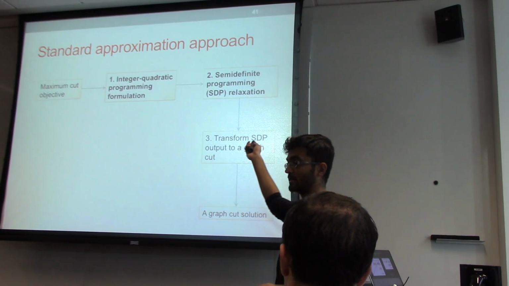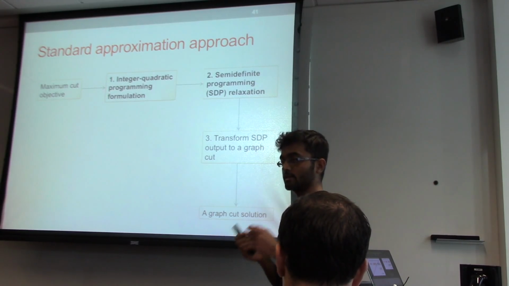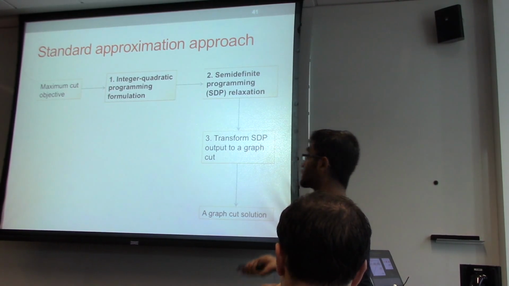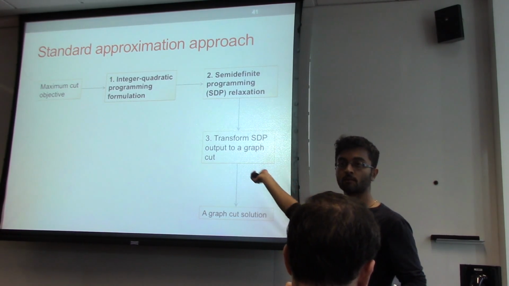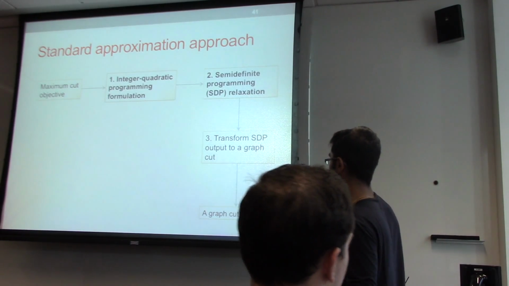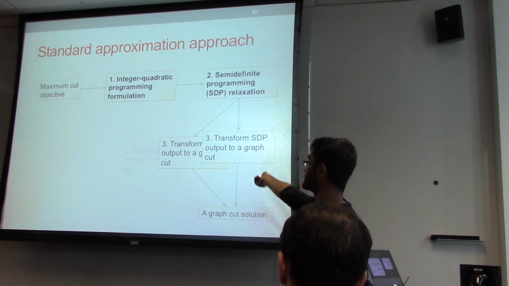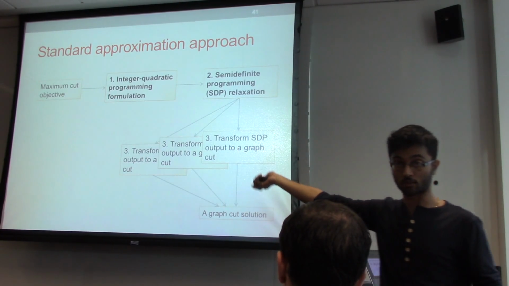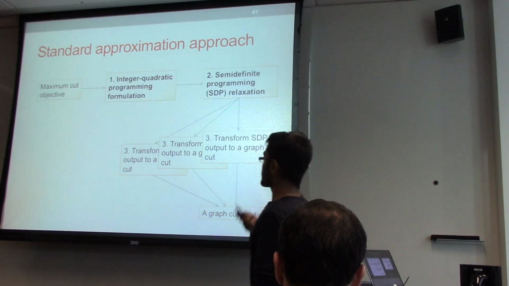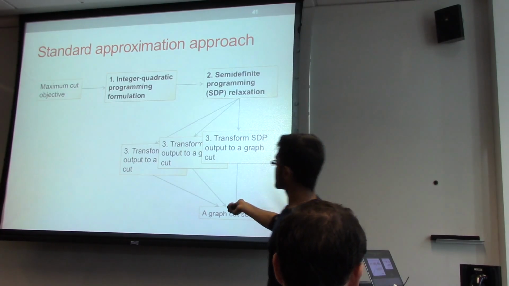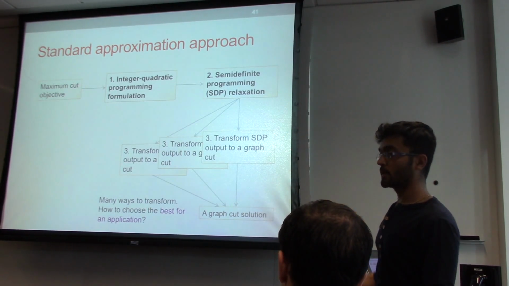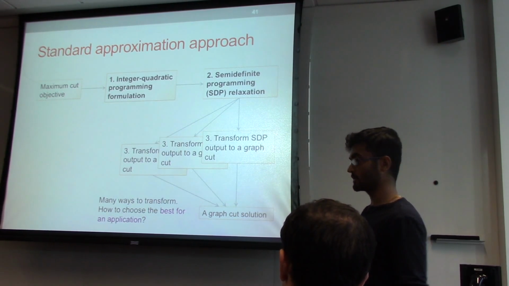The semi-definite programming relaxation is not going to give you an integer assignment to the variables. So you have to transform the SDP output into a graph cut. And there are potentially many different ways in which you could do this transformation. And the question here is, which path through this flowchart is the best for a given application?